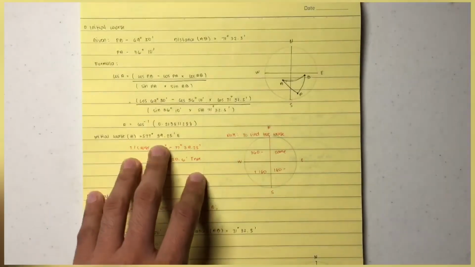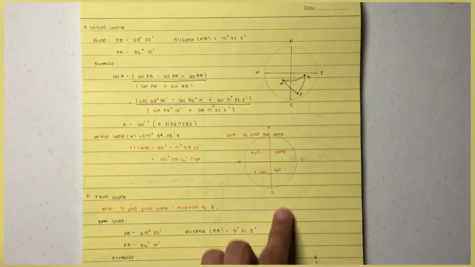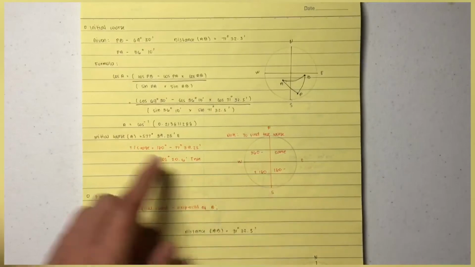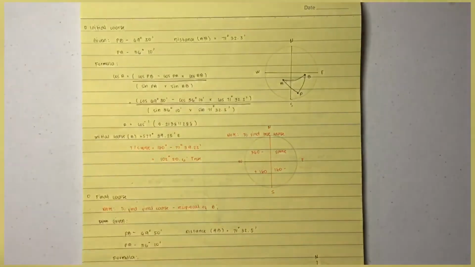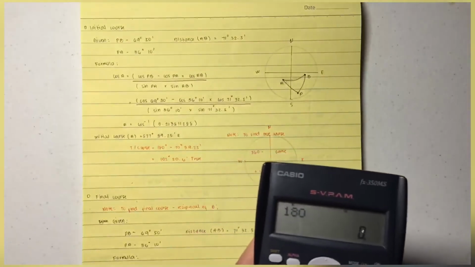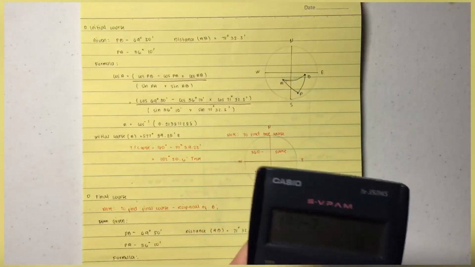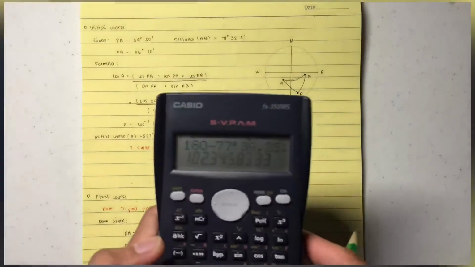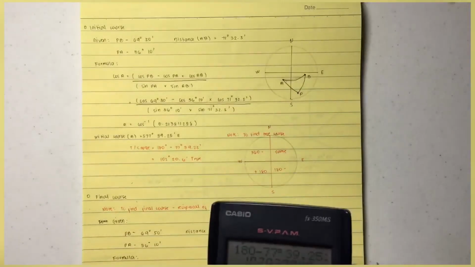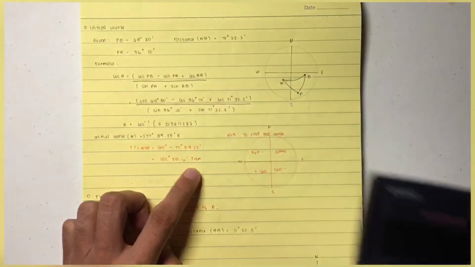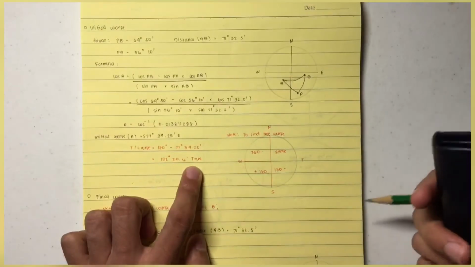In our case, our course is southeast, so we subtract it from 180 to get the true course. So 180 minus 77 degrees 39.25 minutes is equal to 102 degrees 20.6 minutes in true course.